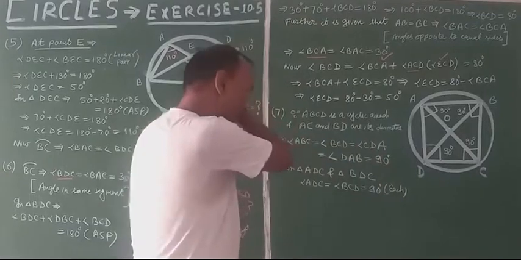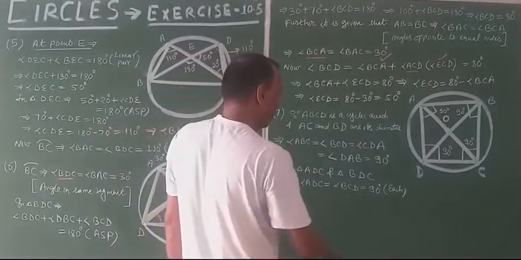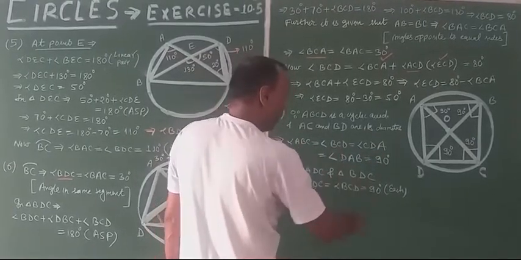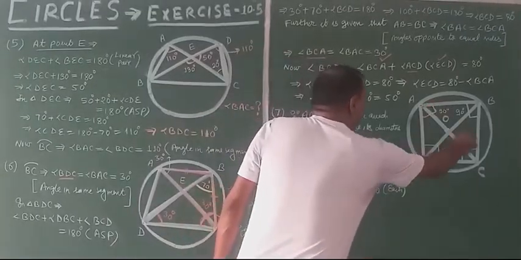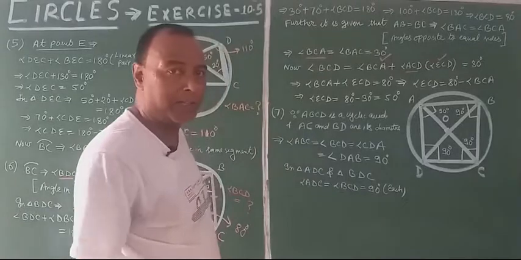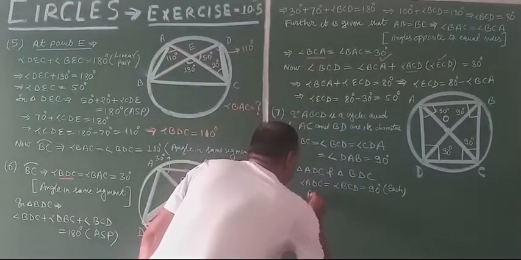Here we have ADC and BCD both 90 degrees. Look at AC and BD. Both are diameters of the same circle. Therefore, they will be equal.